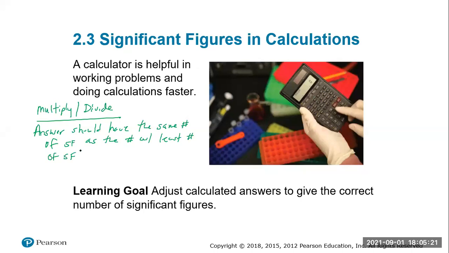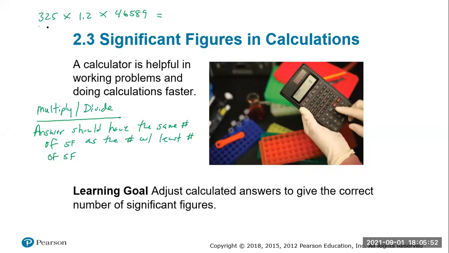So when you multiply or divide, your answer should have the same number of significant figures as whichever value had the least number of significant figures. For example, if I took 325 and multiplied it by 1.2, and then by 4, 6, 5, 8, 9, I am multiplying here, which means I want to look at significant figures.